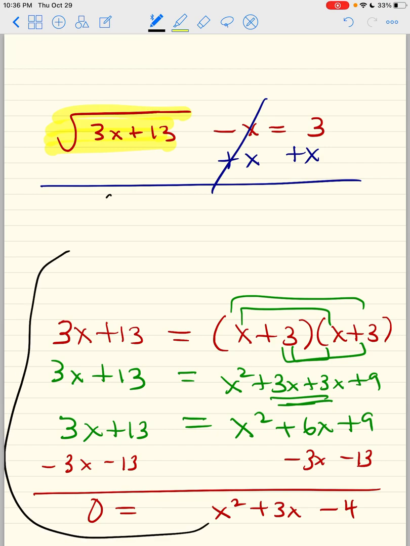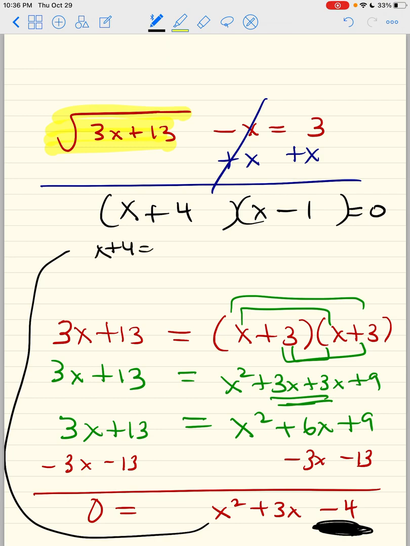Okay, so x plus, minus, can we think of two numbers that multiply to 4 that subtract to a 3? Sure. Positive 4, negative 1. Make sure you put equal to 0. You take each piece of the parentheses and you set it equal to 0, because that's the only way that this expression could be equal to 0, or the equation rather.